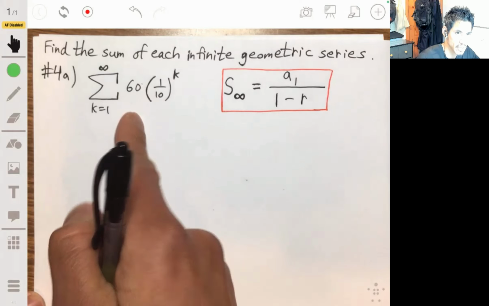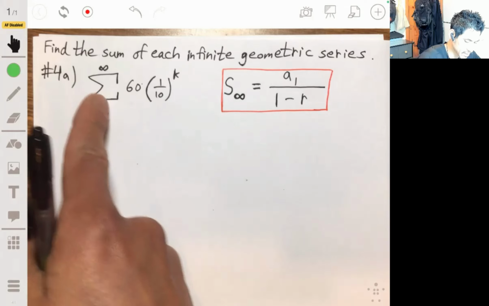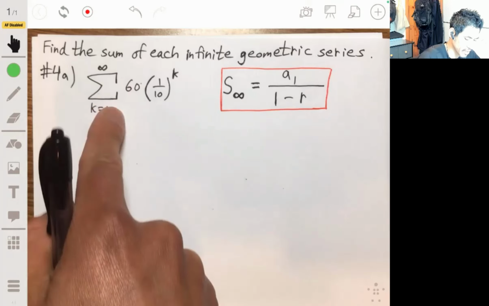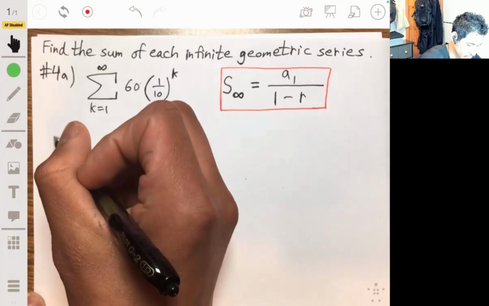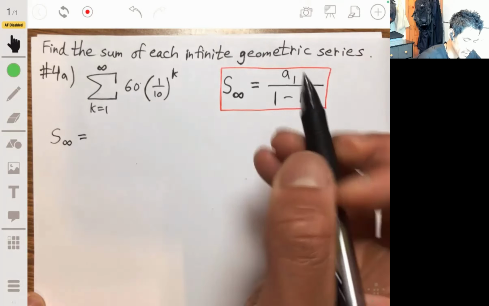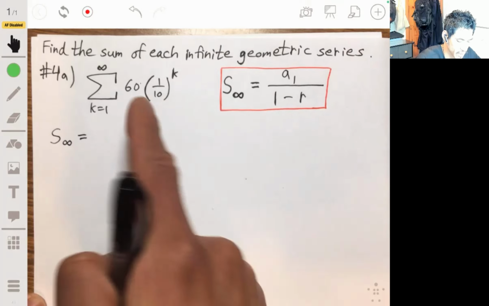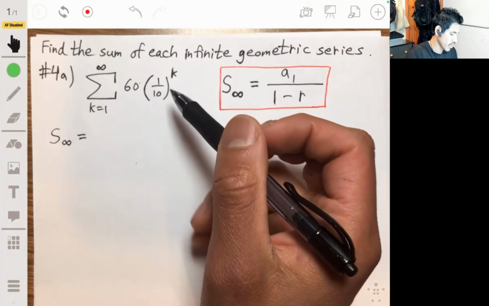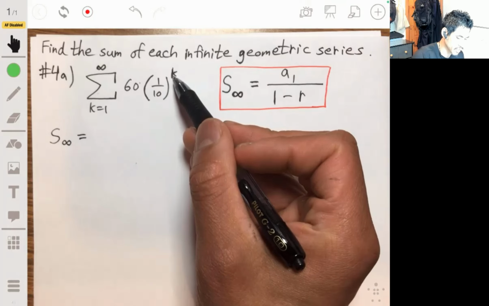So in this case, we want to find S infinity. This is the same symbol for the sum of the infinite terms. We'll have S sub infinity be equal to a1. a1 is just going to be the value when you plug in 1 into the equation.